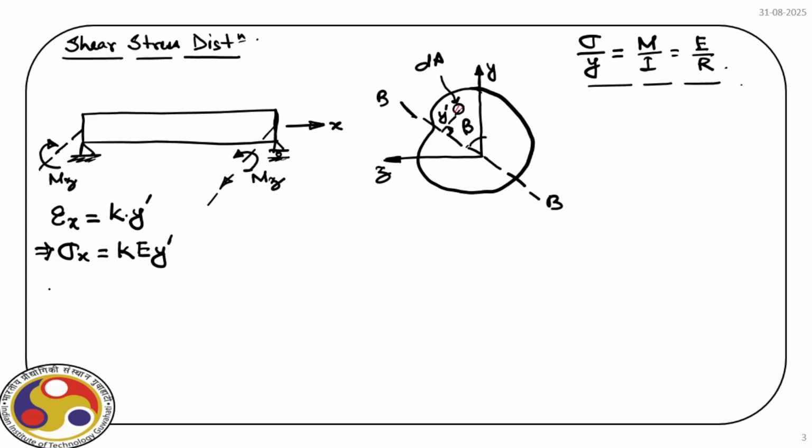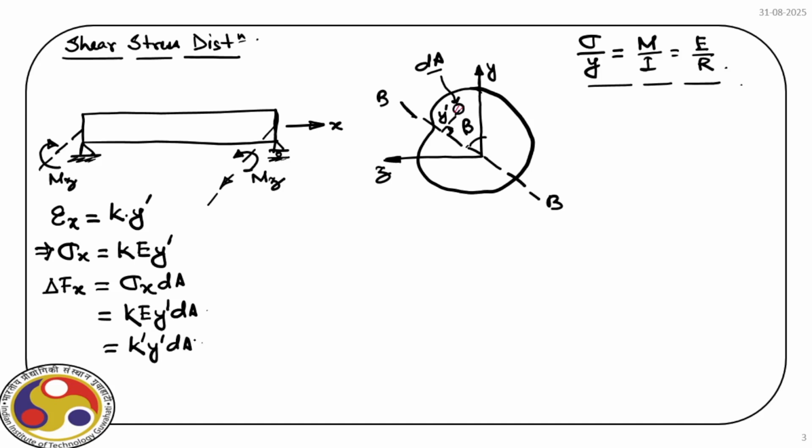Now if you consider the force acting over this area dA, obviously this is the stress multiplied by the area dA. So instead of sigma x, we can write k times E times y prime and then dA. Effectively the force we get is some k prime y prime times dA.